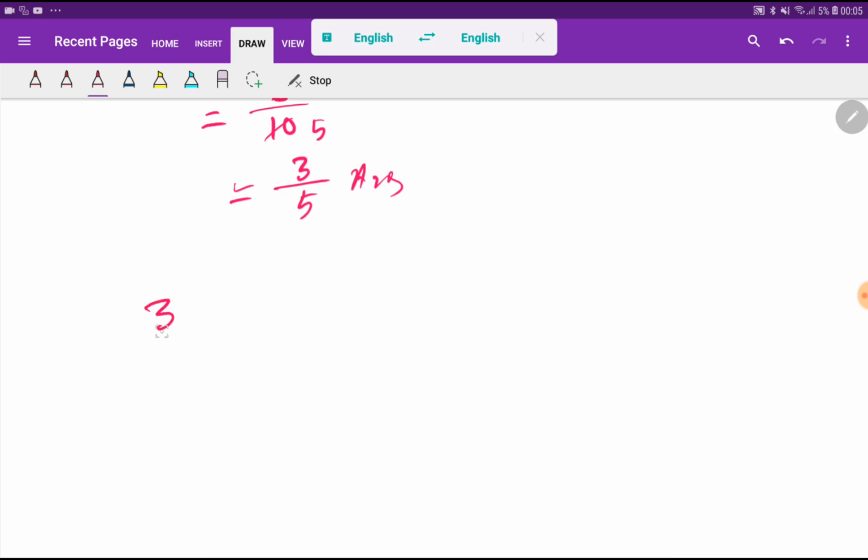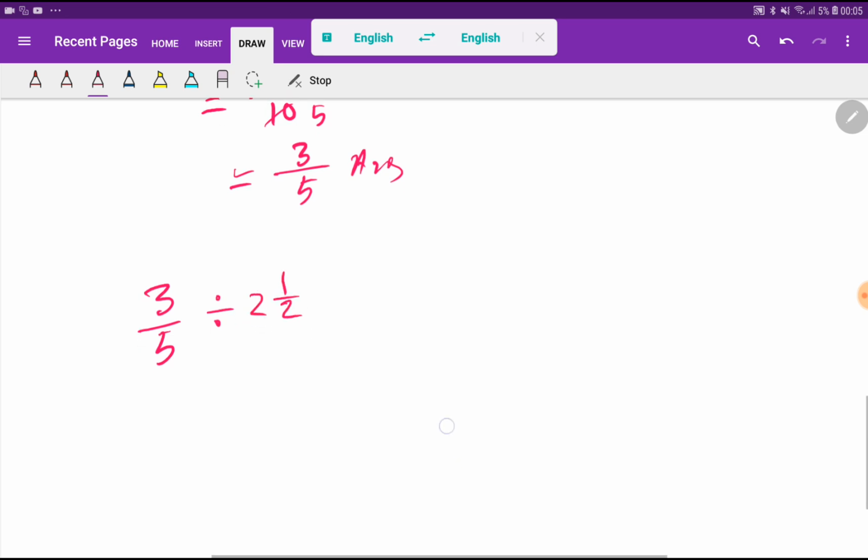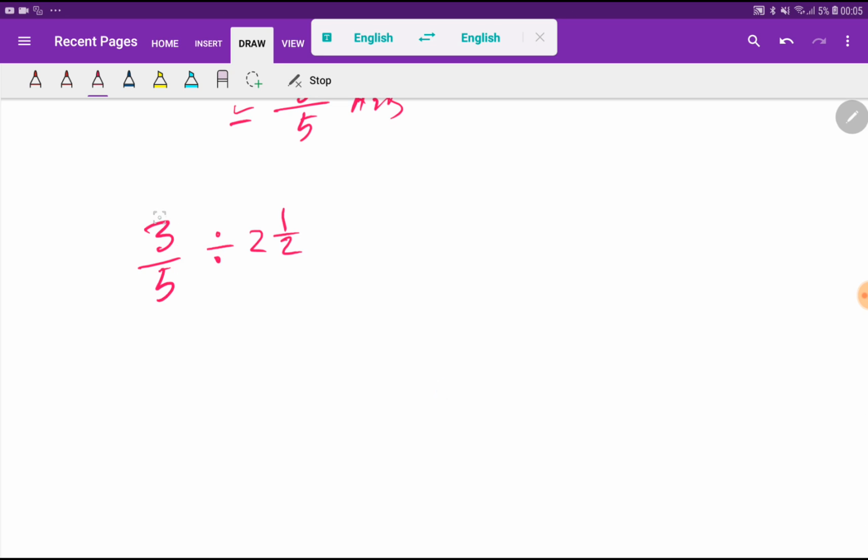How to divide 3 by 5 by 2 and 1/2. So how to divide a fraction by a mixed fraction? 2 and a half is a mixed fraction, right? So how to divide? Okay, let me tell you that at first we have to change this mixed fraction to an improper fraction.